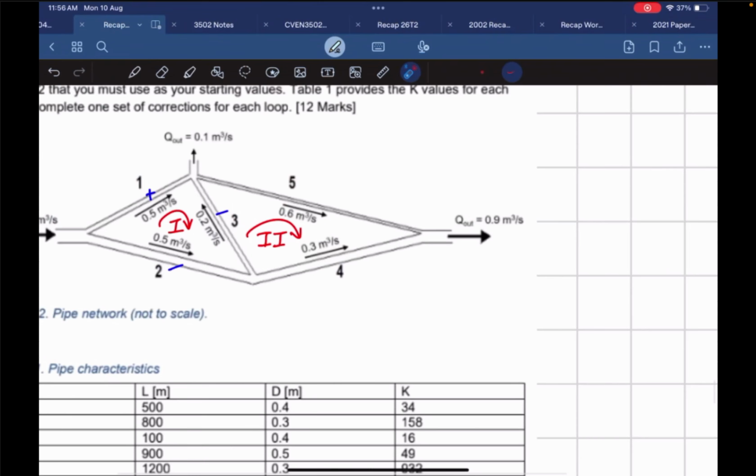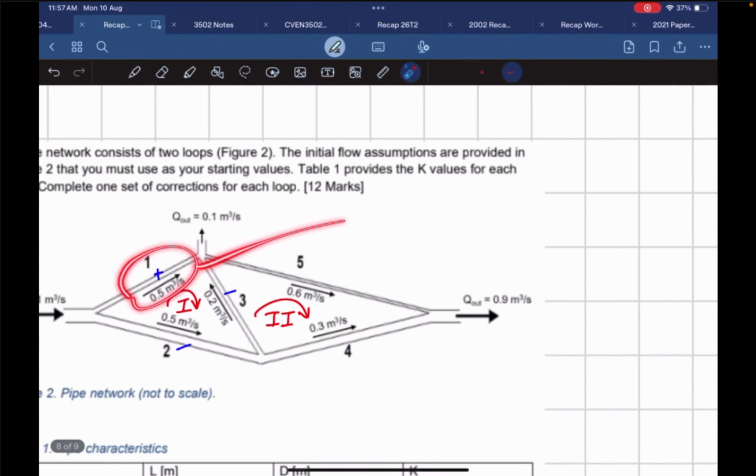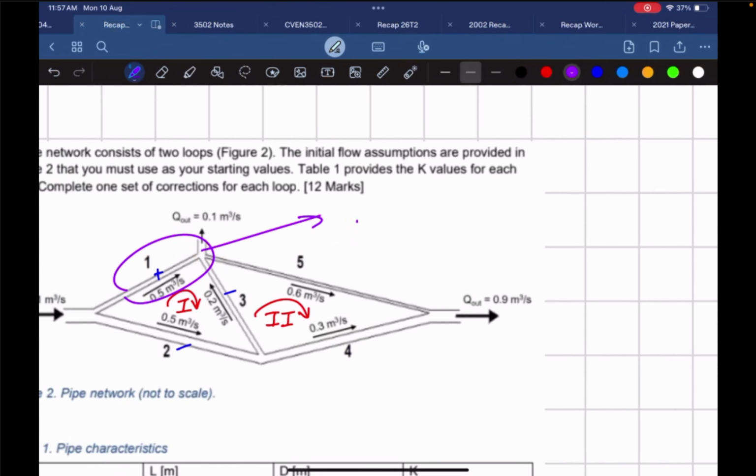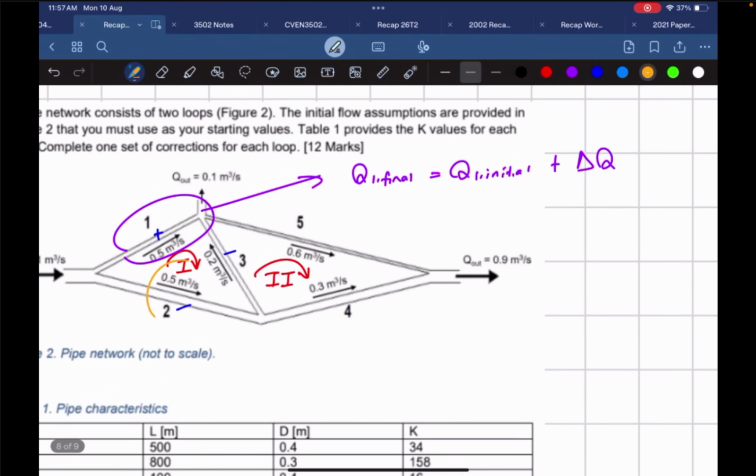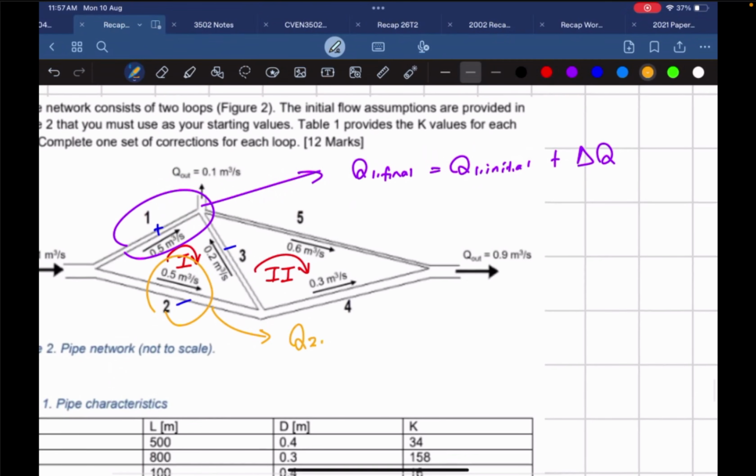Over here, my Q1 final is going to be equal to Q1 initial plus delta Q. However, for pipe number 2, my Q2 final is going to be equal to Q2 initial minus change in Q. Yes, that's because the direction that it's going is in the opposite direction. You can see that this one's flowing this way, whereas this one's flowing this way. Two different directions.